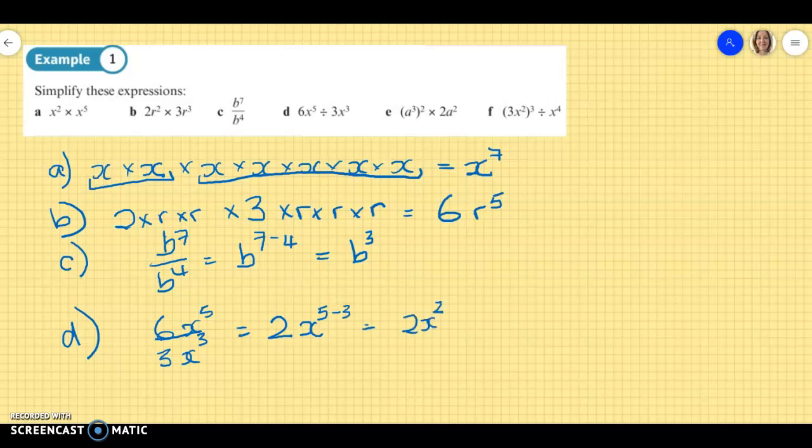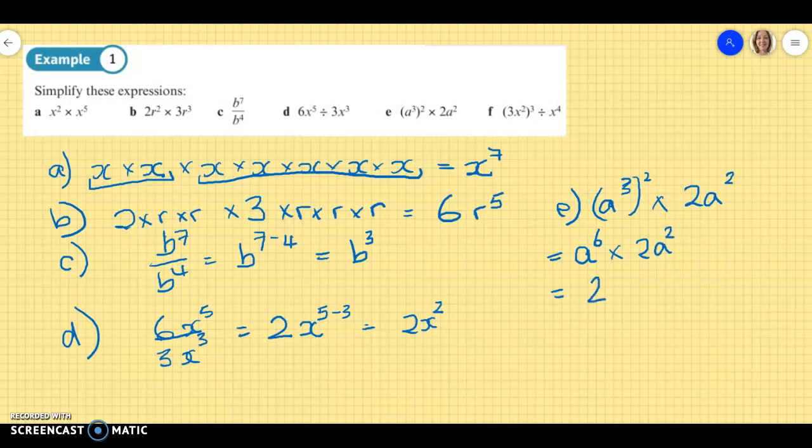C, D, E. Here we are with the next rule. Again, everything's still timesing here and all dividing, which is easier. Okay, a 3 to the 2, we know from our rule is 2 times 3 is 6, times 2a squared. Like anything, you do the things in the bracket first.